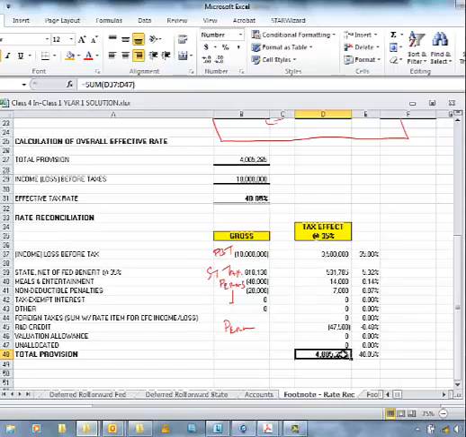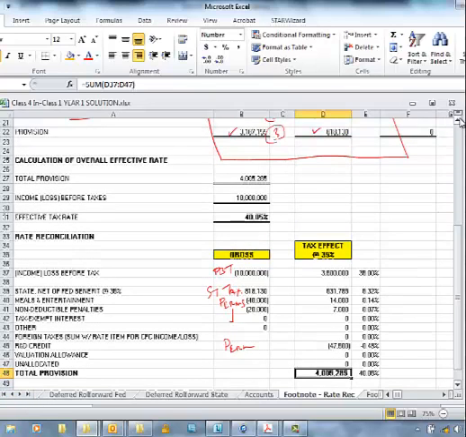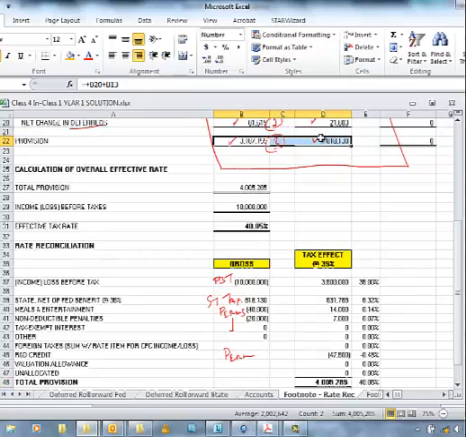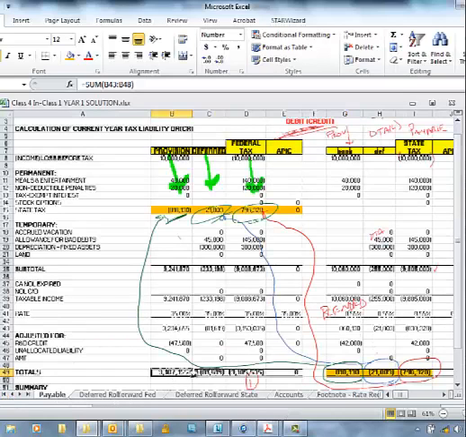So the 405285, that's the sum of these two guys up here, 405. And it's also, if we went to the payable tab and we picked the Fed and state provision, it's 405. Yeah? Bingo.